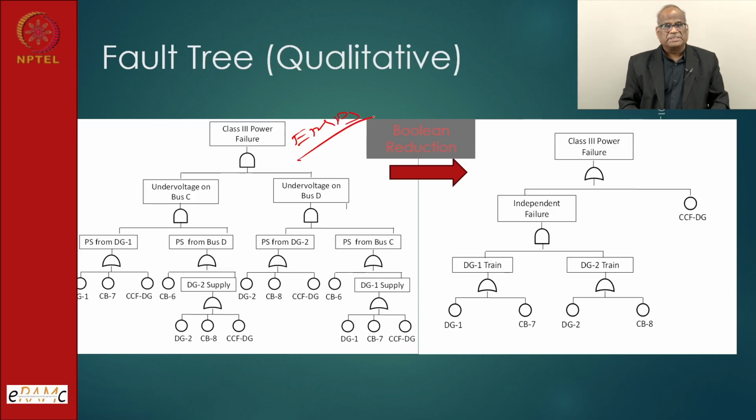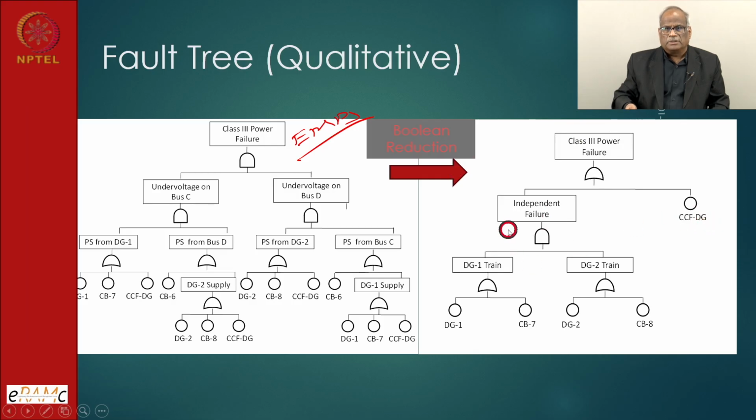So emergency power systems failure, and these are the various components that we have over here: Diesel 1, CB circuit breaker 1, common cause failure of DG, and then undervoltage on bus D. So there are 2 buses of class emergency power supply, and this fault tree, once we reduce it using the Boolean logic, it transformed into, you can see how simplified it has become, independent failure and common cause failure.